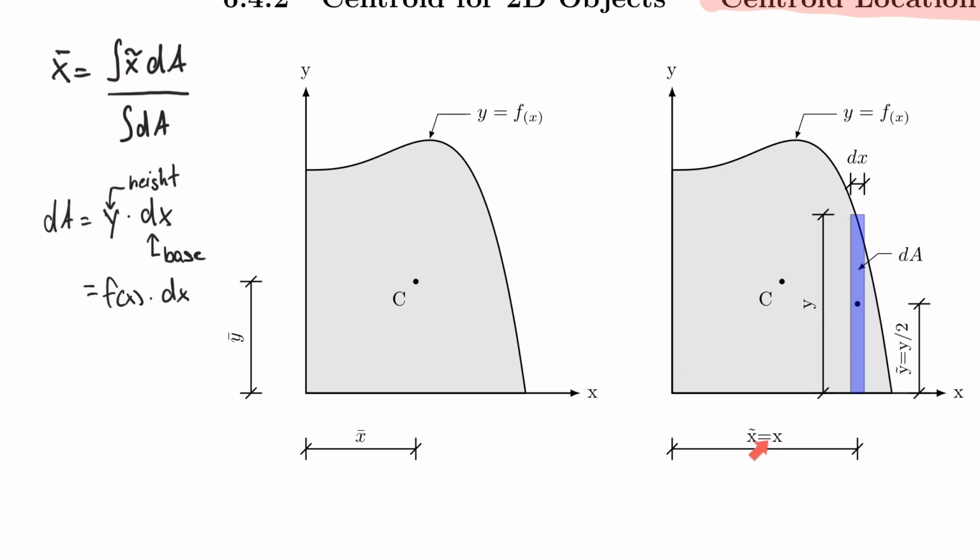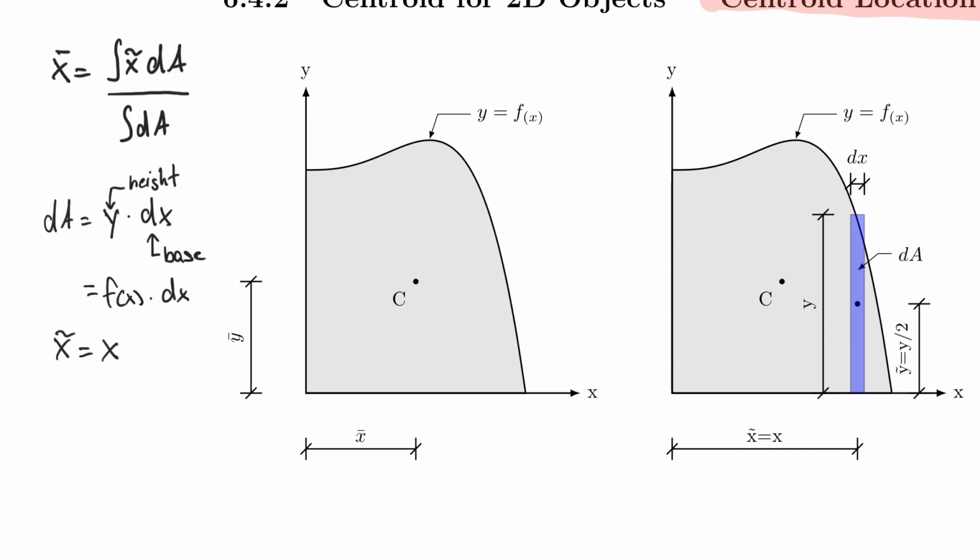So I already understand that my x tilde is equal to x for this particular case, right? Or for this generalized case of integration over the x-axis. Notice that I am integrating over the x-axis because I'm using dx, right? And so now I am effectively done here. I have deciphered what goes where.